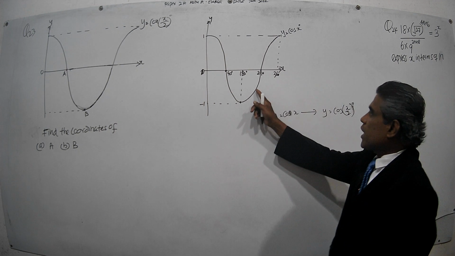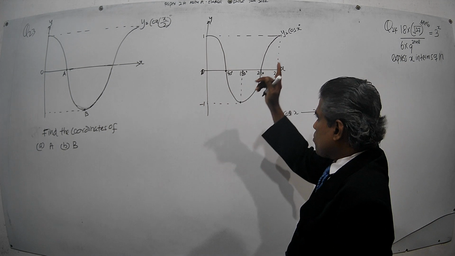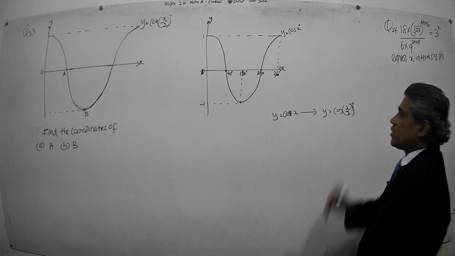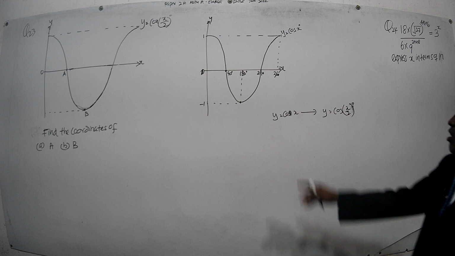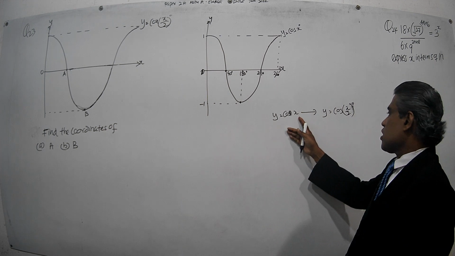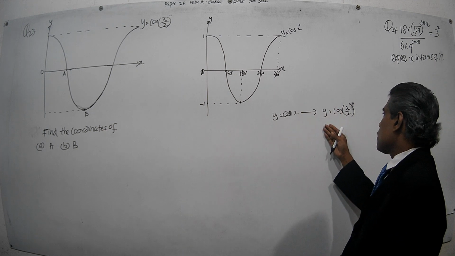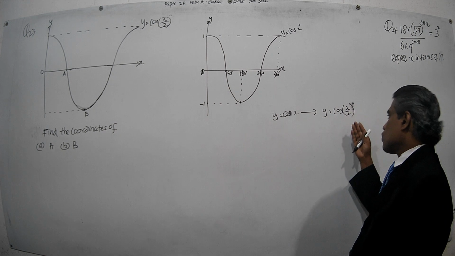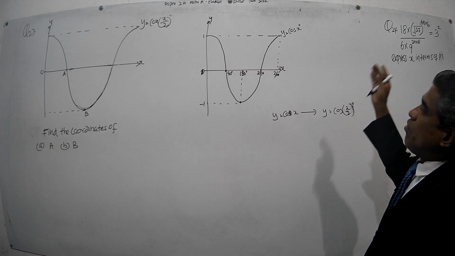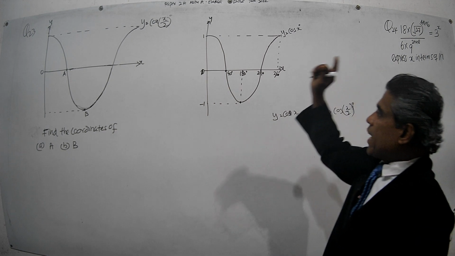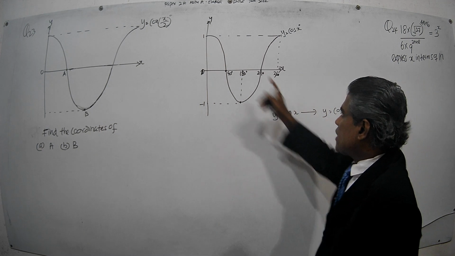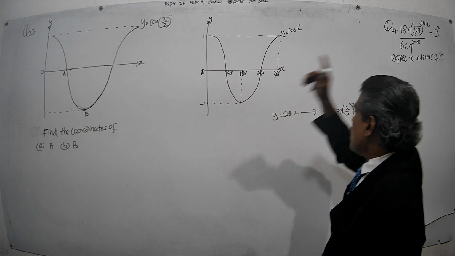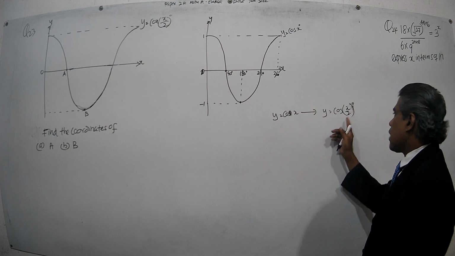Every x coordinate is multiplied by 2. When the graph y equals cos x becomes y equals cos x over 2, all that happens is that every x coordinate of this graph becomes multiplied by 2.